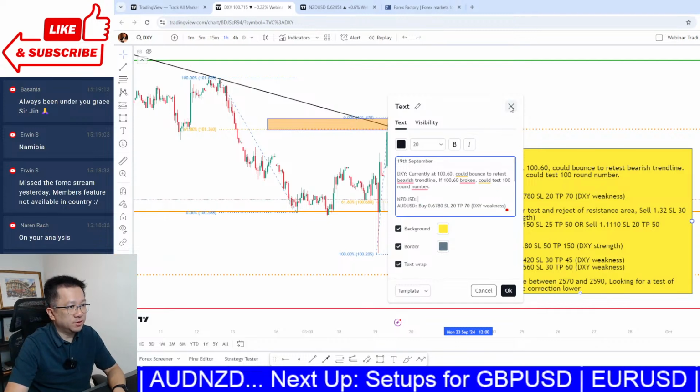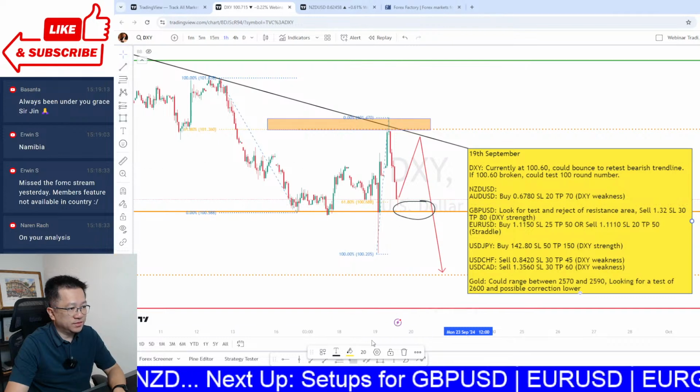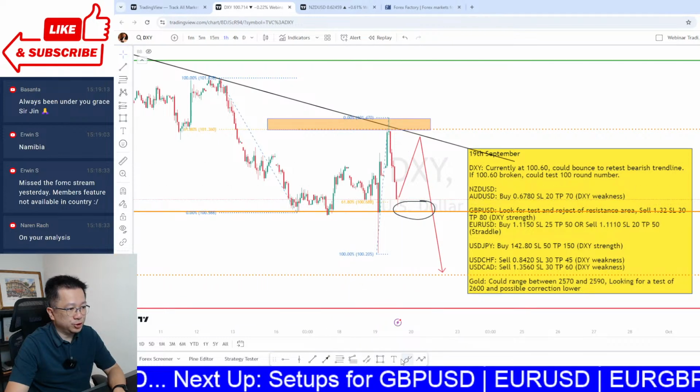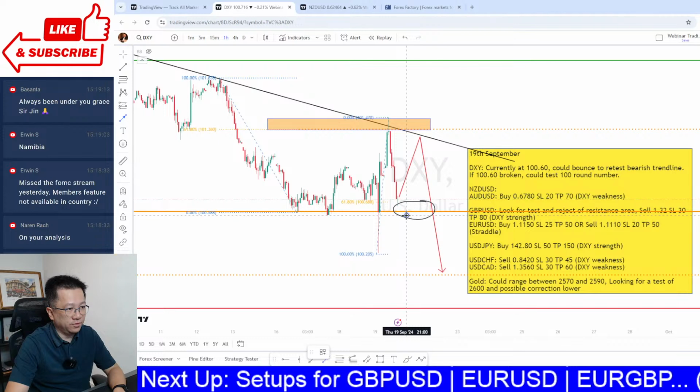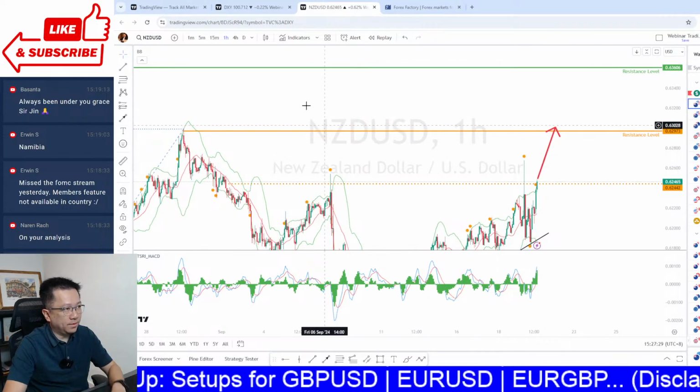Hang on, let me just think again. Right, it could do that. While if it's sitting there and it doesn't push up, then we're also looking for it to break and push down. So yeah, that makes sense.